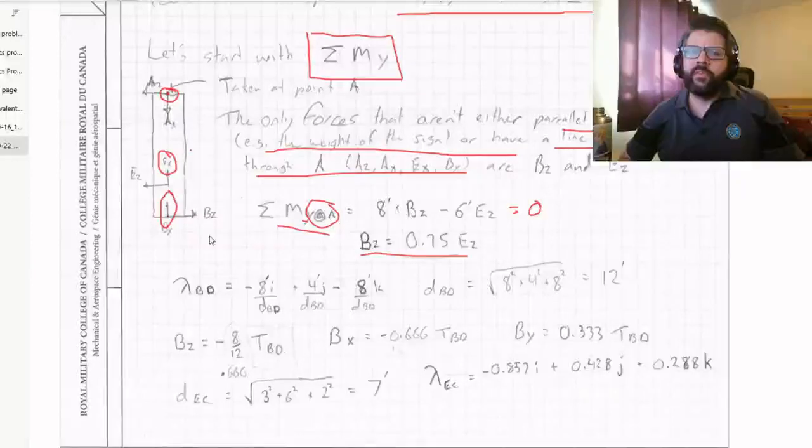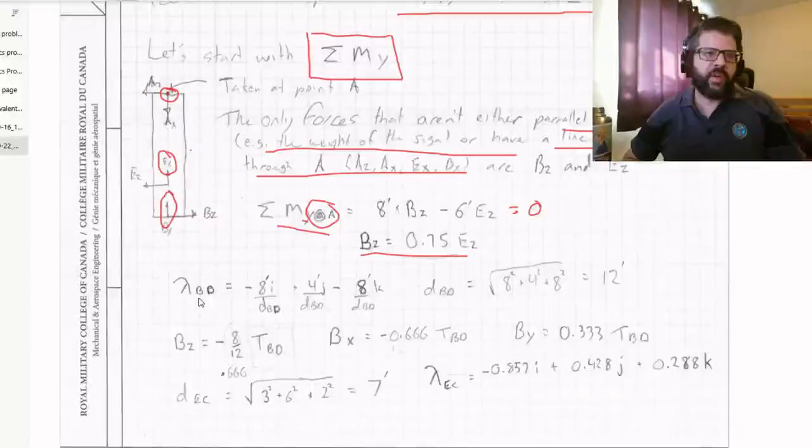We can go a bit further than that, because we know that the Z component of the tension in the cable is a function of the unit vector and the overall tension in the cable. So we can solve for the unit vector.